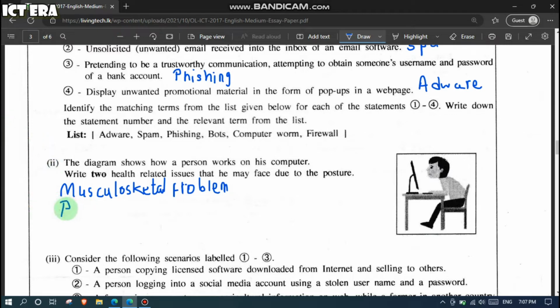So anything can be right. Okay, RSI, write the full form of this. Then CTS also can be taken. Then computer vision syndrome, because the user is closer to the computer. Then computer vision syndrome, headaches. Likewise, anything you can write regarding this picture. And also stress can be taken.